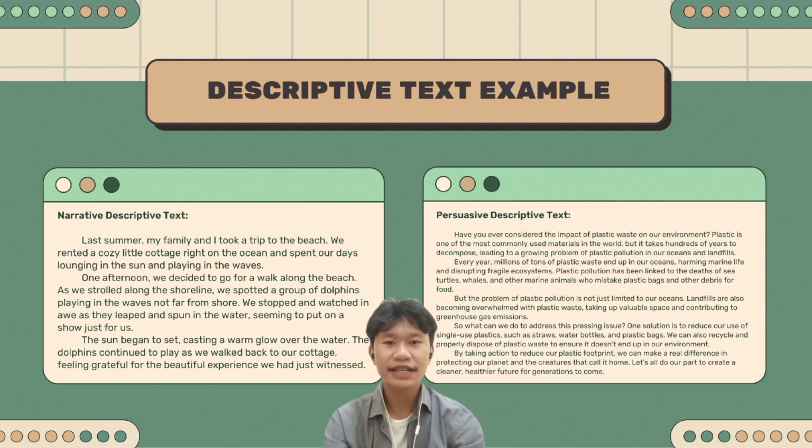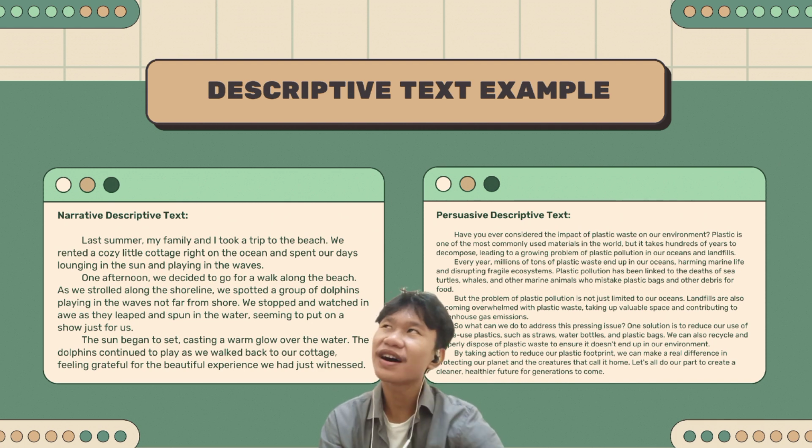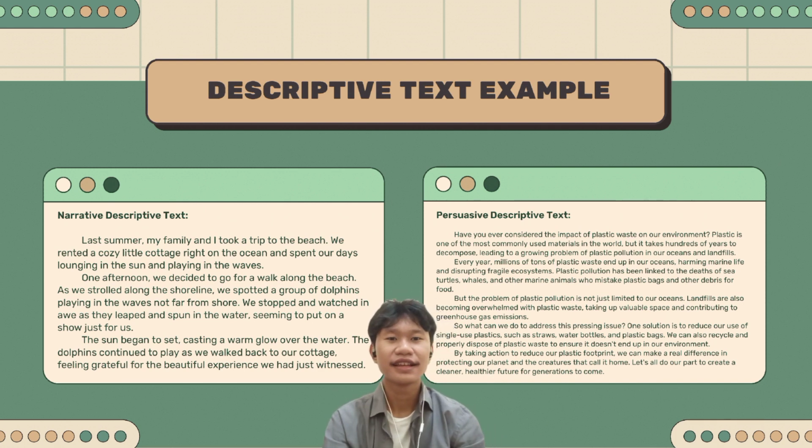The text urges readers to take action by offering solutions such as reducing the use of single-use plastics and recycling to address the problem of plastic pollution. It also emphasizes the importance of taking action to protect the environment and creatures that inhabit it for a cleaner and healthier future.